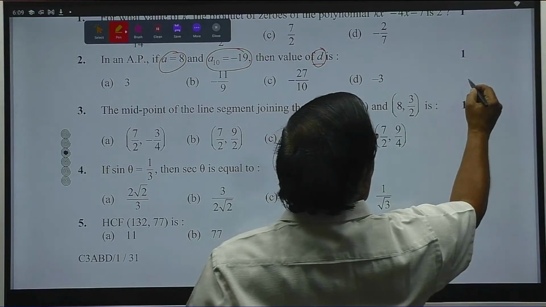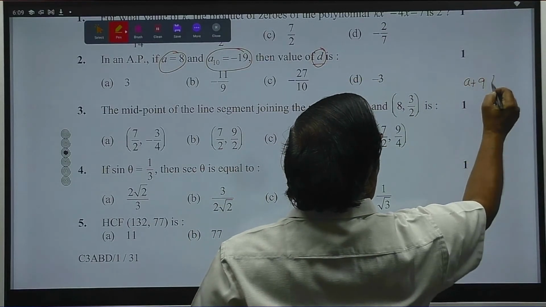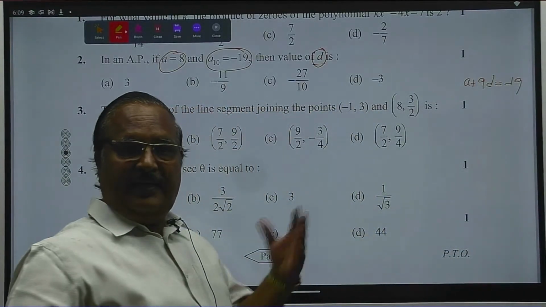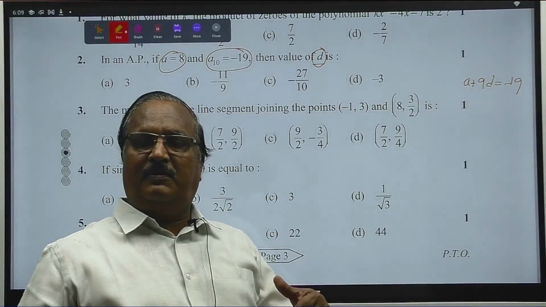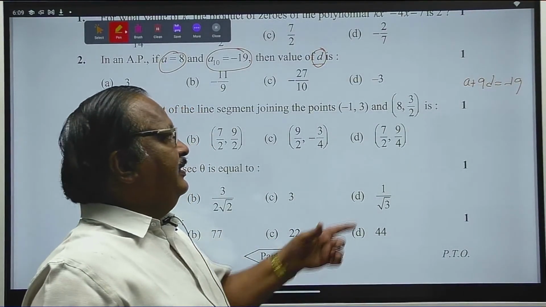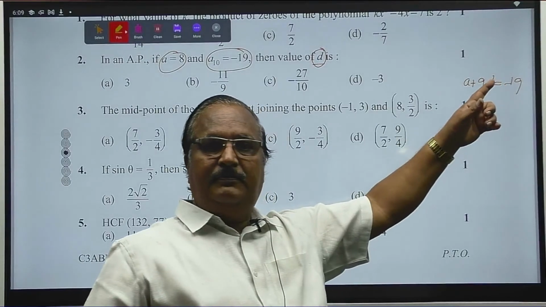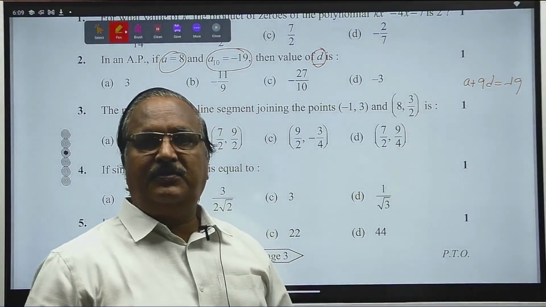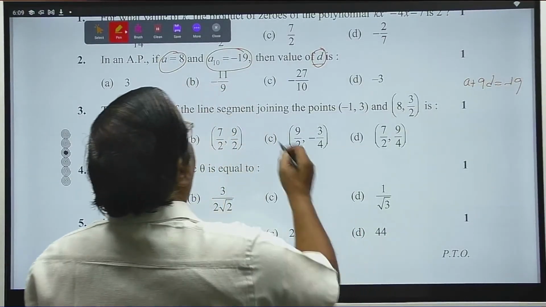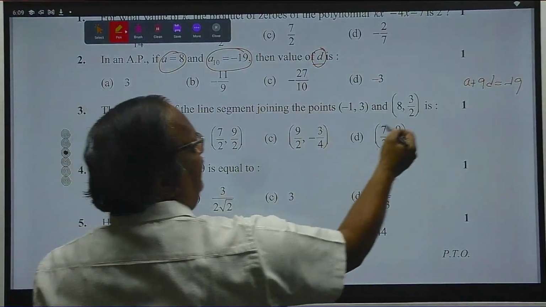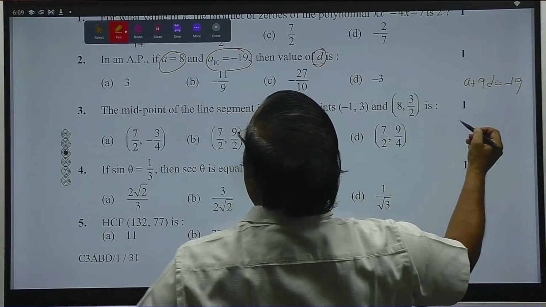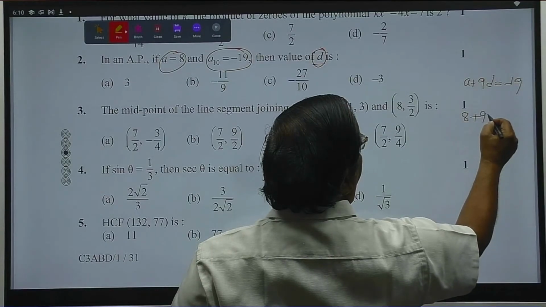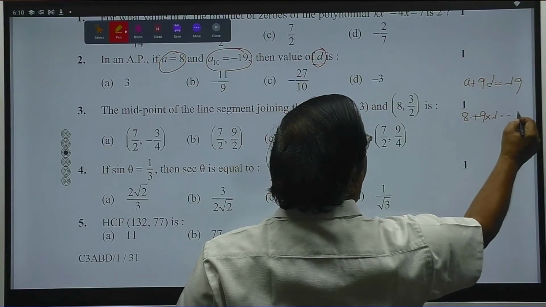a10 means a plus 9d is equal to minus 19. 10 means 1 less than 10, so 9. So n minus 1 into d. The formula you have to use is a plus n minus 1 into d. So n minus 1 means 10 minus 1, 9. a plus 9d is equal to minus 19. The a value is already given: 8 plus 9 into d is equal to minus 19.